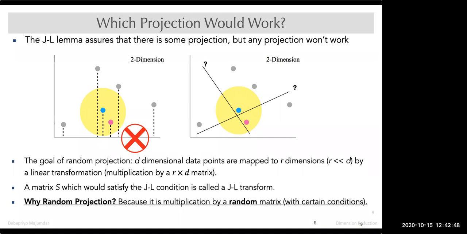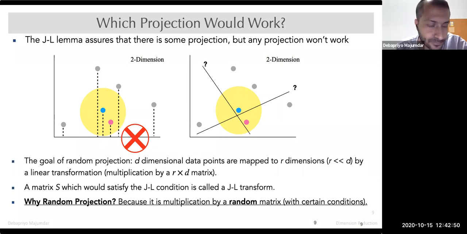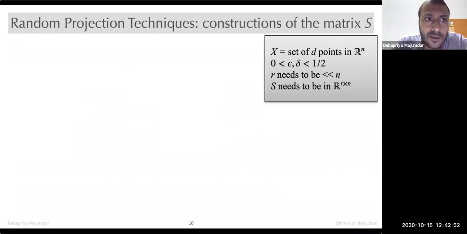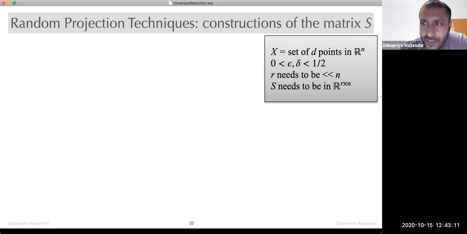Okay, so let's move on. Random projection techniques: since we are just going to use this for our application purposes, and we need to understand how these different kinds of constructions work, it will actually be quick for us to see. The techniques are like the following. Our setup is, we have X, a set of D points in R^n.